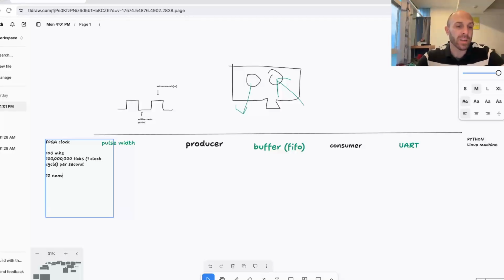That is 10 nanoseconds per cycle. The units of measurement we're going to be looking at are milliseconds, microseconds, and nanoseconds. Milliseconds are 1,000 times bigger than microseconds, and same with microseconds, 1,000 times bigger than nanoseconds.